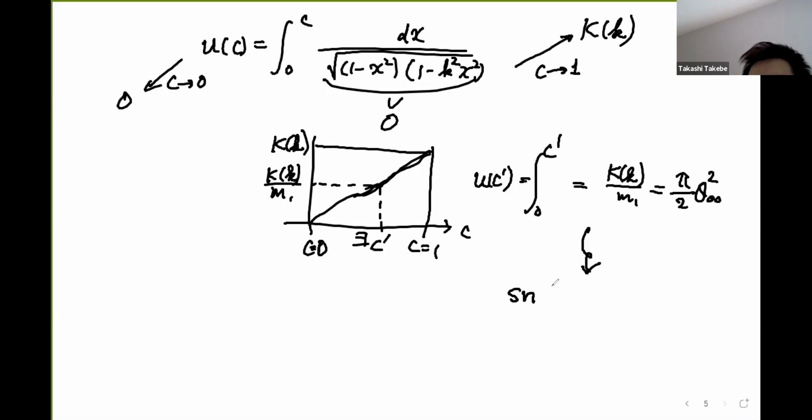In other words, c prime is, as we say, strictly less than 1.